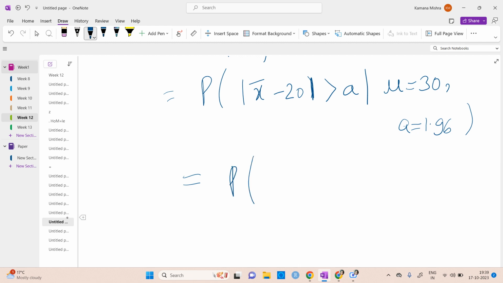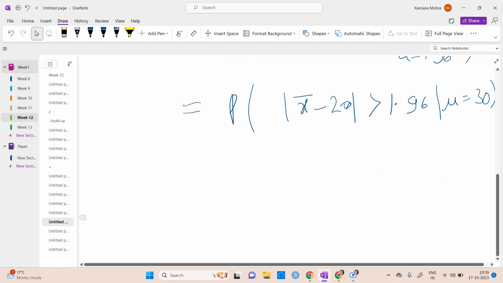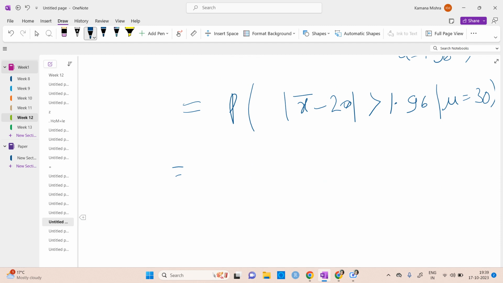It would be x bar minus 20 greater than 1.96, given mu is equal to 30. So now your x bar, you can write it like this: this is nothing but 1 minus the probability mod x bar minus 20 less than 1.96 when mu is equal to 30.